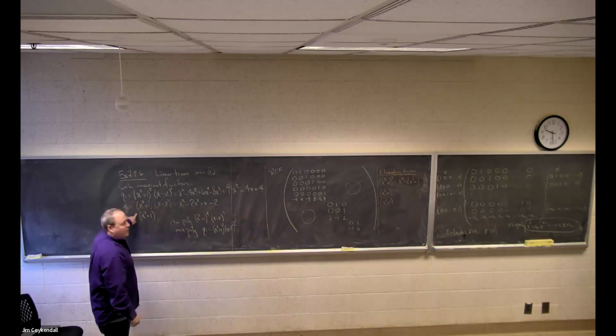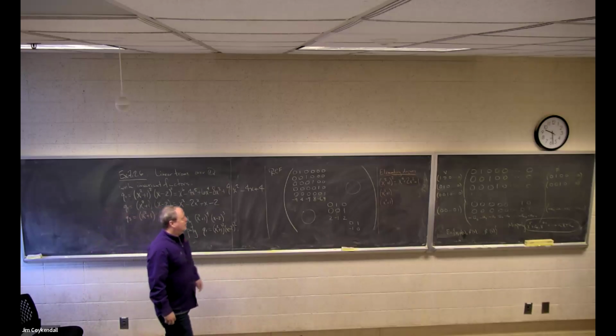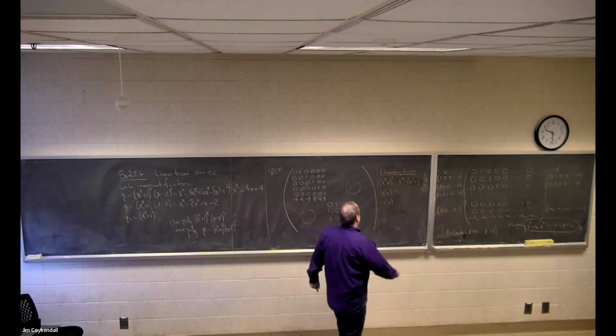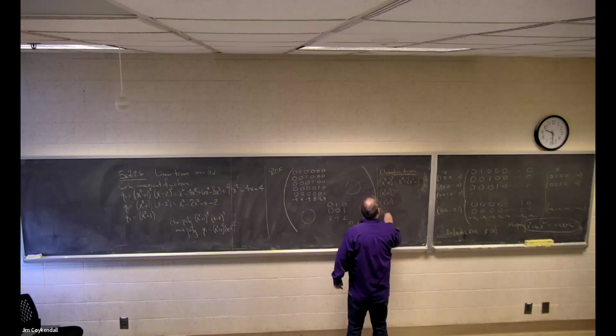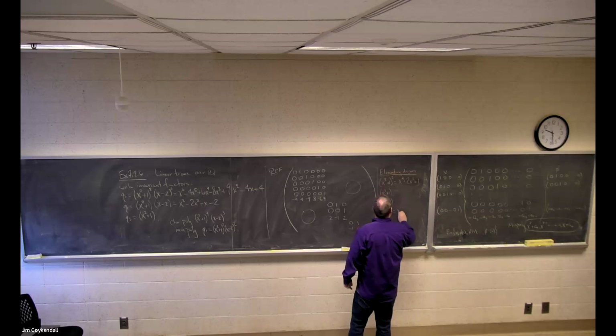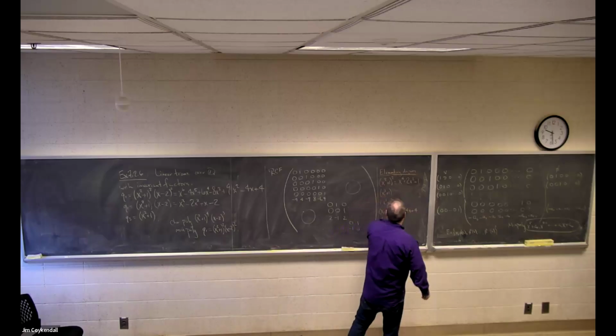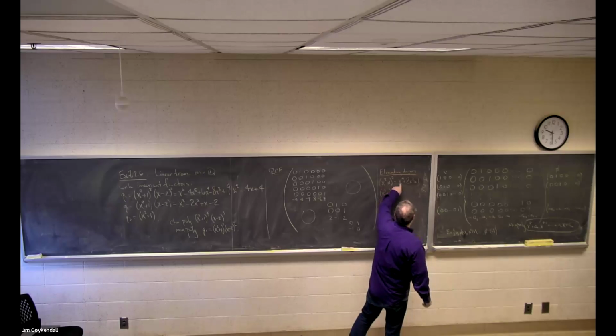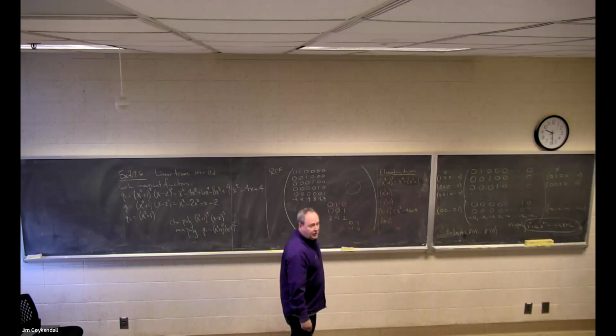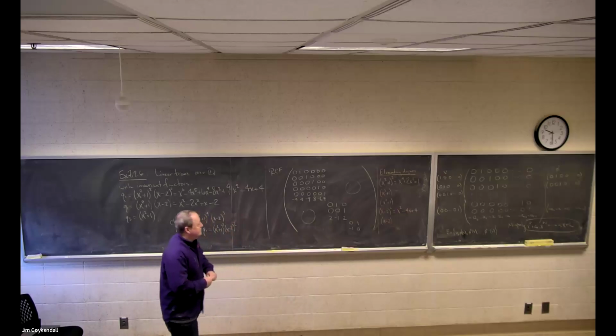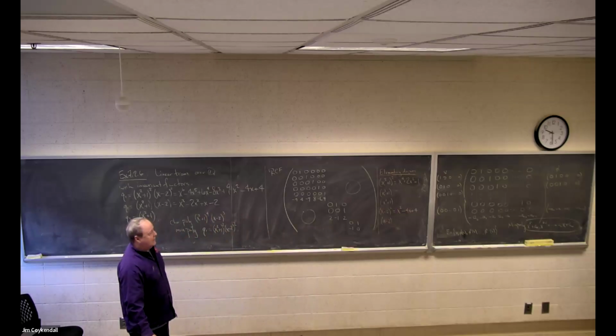Notice the x squared plus 1 appears twice. And the rest of them should be x minus 2 squared, which is x squared minus 4x plus 4, and then x minus 2. 4, 2, 2, 2, 1, 1... adds up to 11, so that's good. Everybody see how I picked up the elementary divisors?